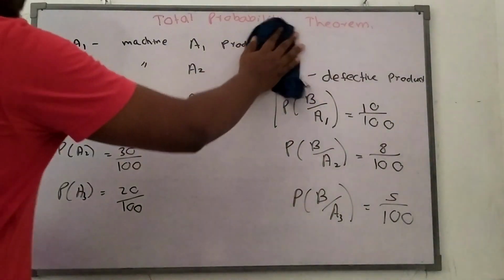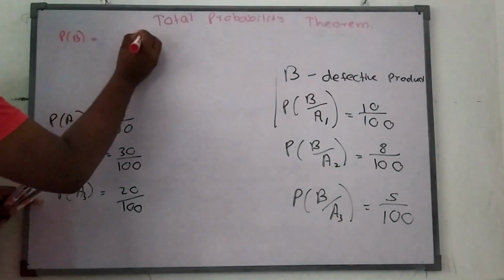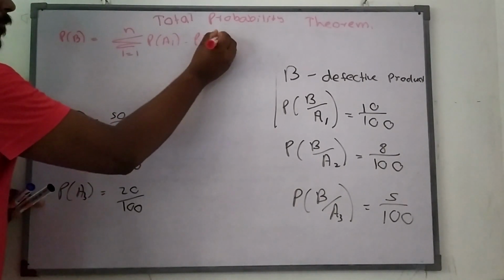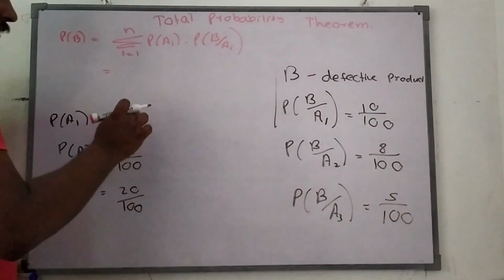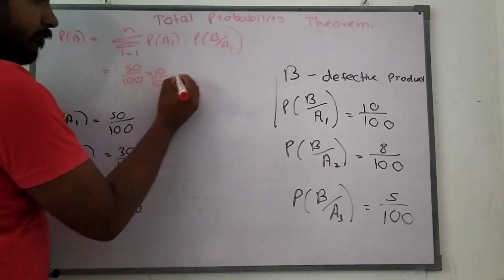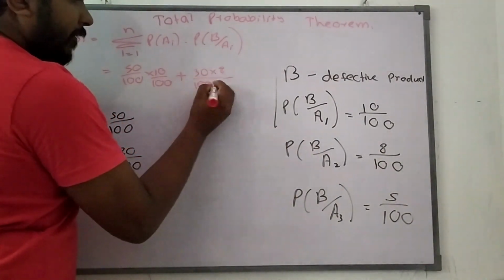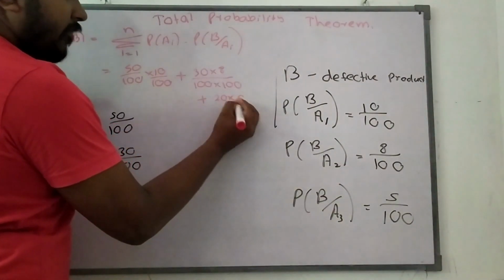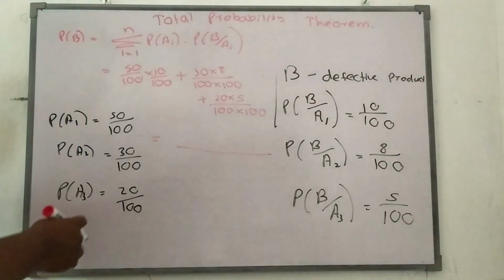It was P(B) equals sigma i goes from 1 to n of P(Ai) times P(B over Ai). So the first one into that one: 50 over 100 into 10 over 100, 30 over 100 into 8 over 100, plus 20 over 100 into 5 over 100.